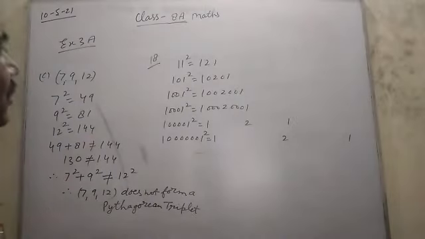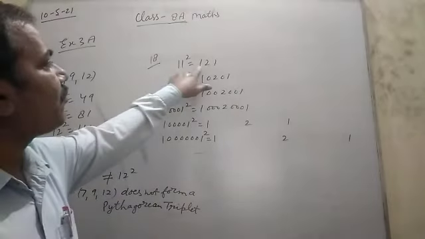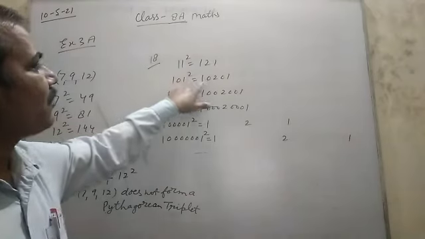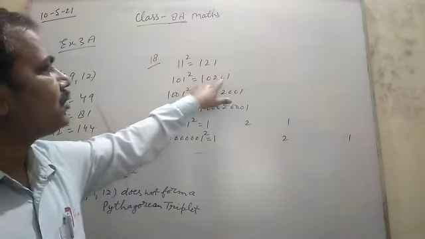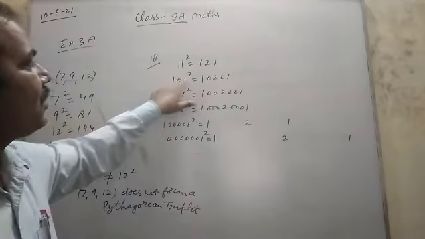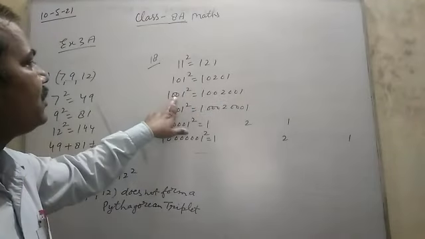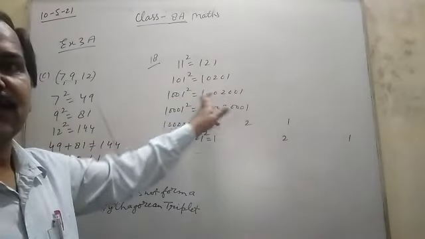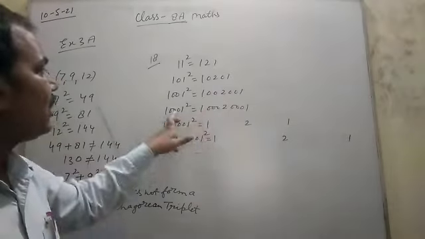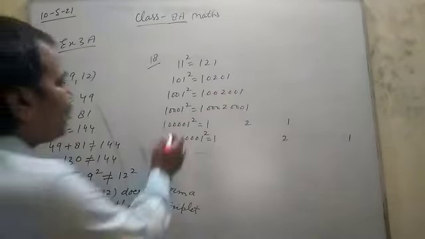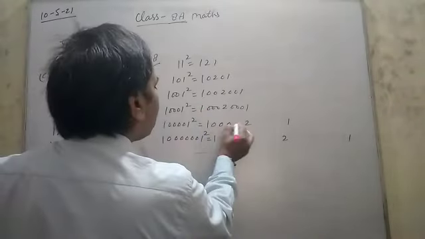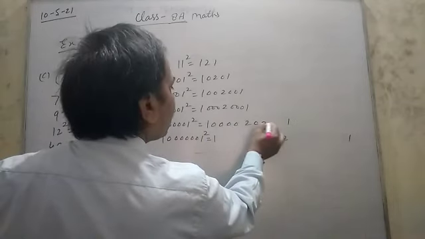So you see the pattern first. 11 square is 121, 101 square is 10201. If there is 1 zero, then before and after it is 1 and 2 in the middle. If 2 zeros, then 1, 2, and again 1. Here 3 zeros, so 1, 2, 3, 4 and before and after also 4.